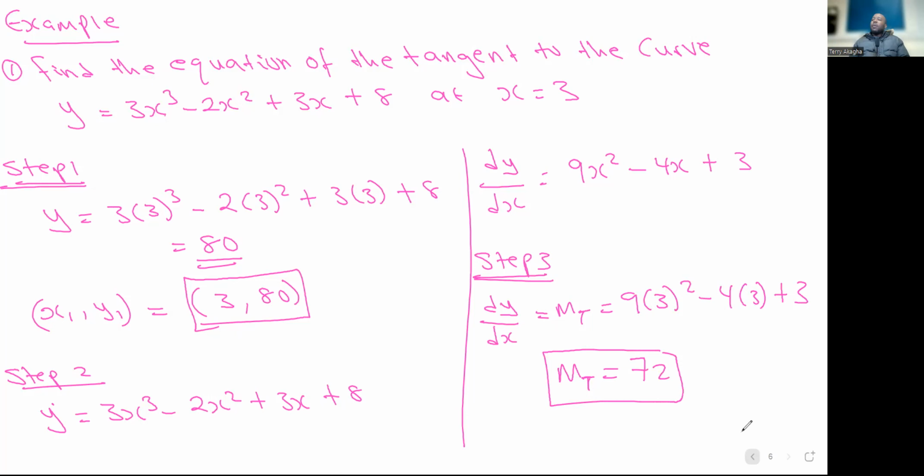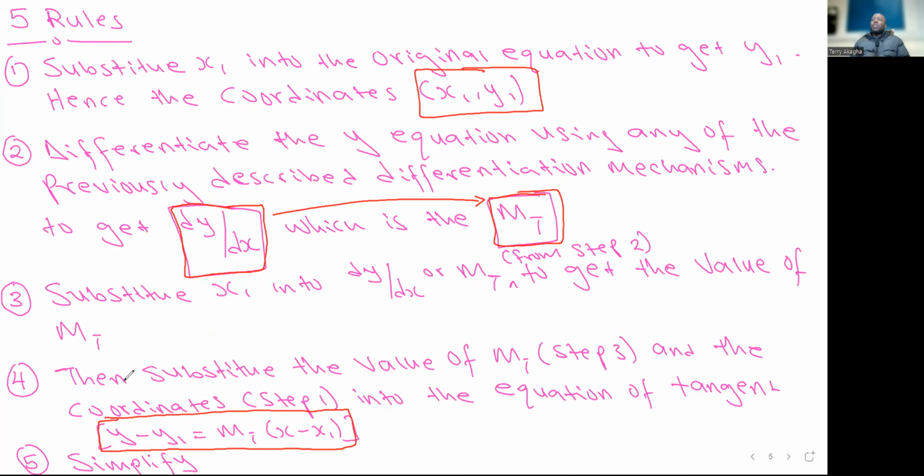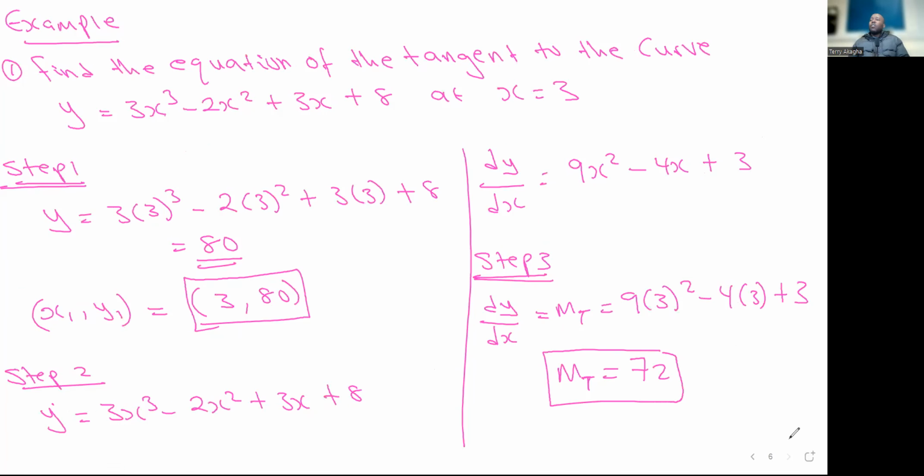Now the next step, step 4: after finding mt, we substitute the value of mt from step 3 and also the coordinates into the equation of a tangent.